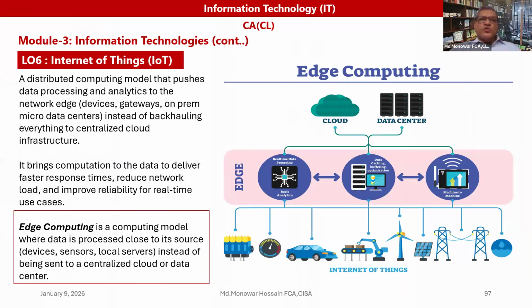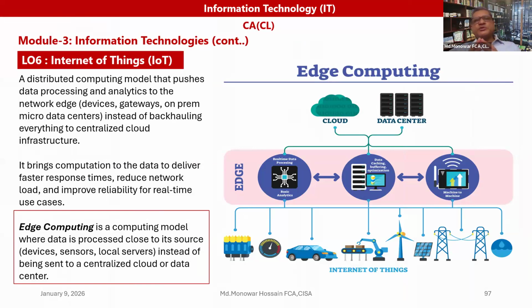And within IoT, edge computing is a computing model where data is processed close to the resource, for example, device, sensor, local server, instead of being sent to a centralized cloud or data center.